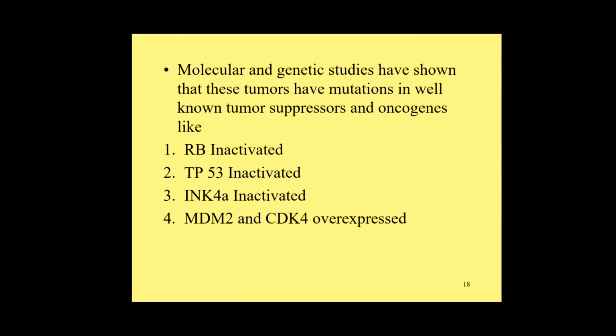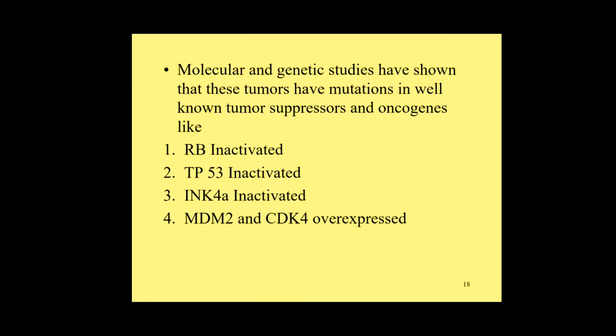INK4A is inactivated again. So this is a gene that encodes P16 and P14. These two are responsible for regulation of the cell cycle, and they also promote the function of TP53.